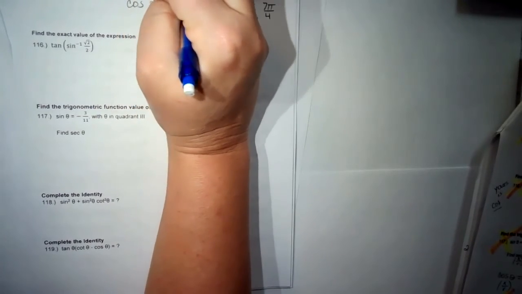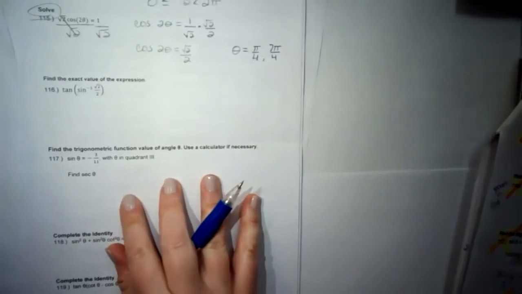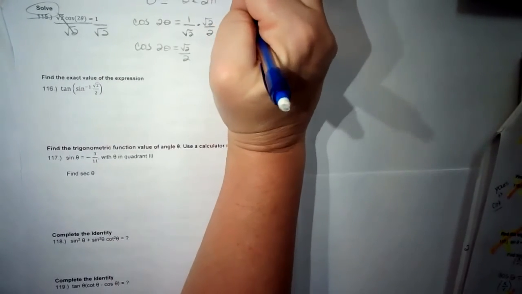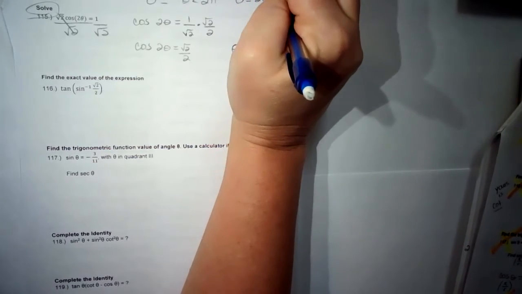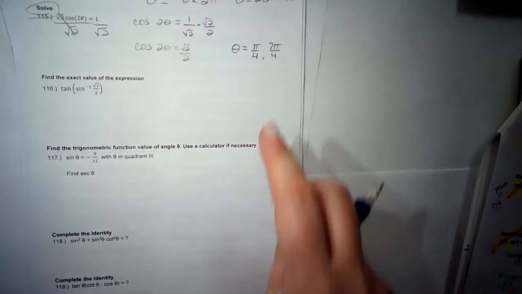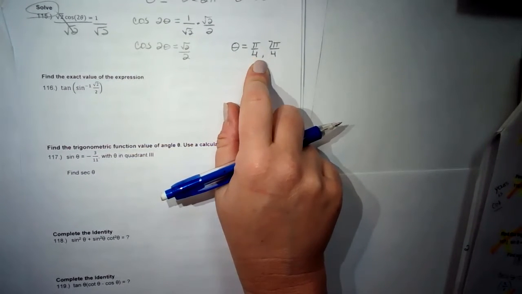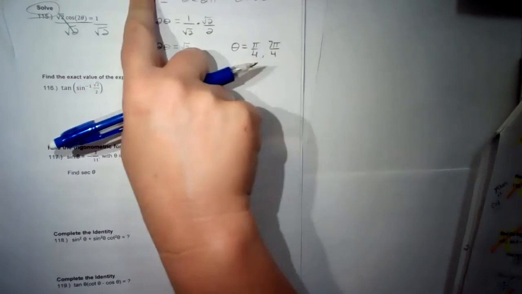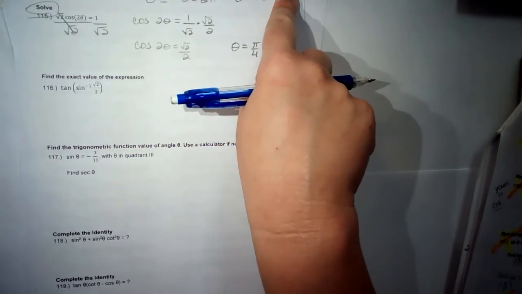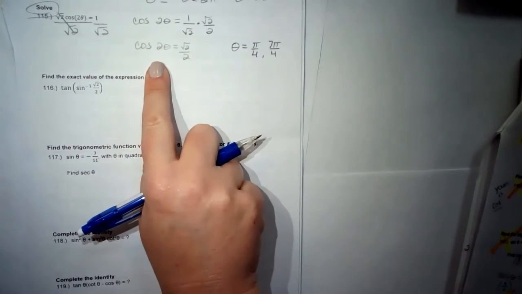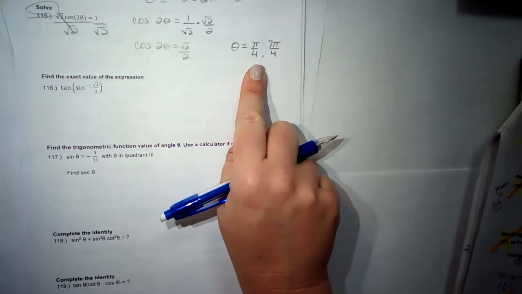So if I multiply everybody by 2, what I'm really between is 0 and 4 pi. Because of that, I have to add 2 pi to both of these to find all 4. If you don't like this, you don't have to even listen to that. You can just know when it's 2 pi, you find your 2 answers and you add 2 pi to both of them.